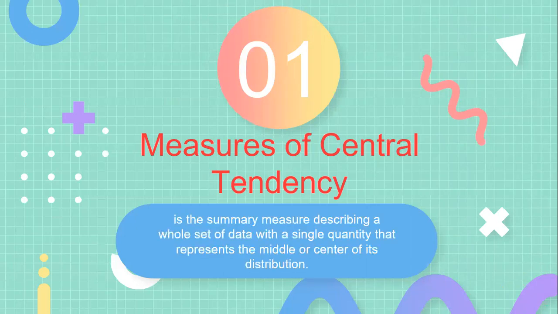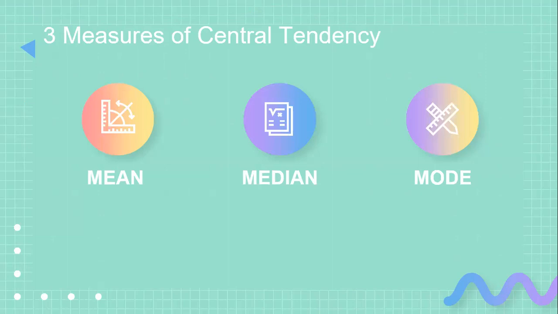It is defined as a summary measure describing a whole set of data with a single quantity that represents the middle or center of its distribution, or it is the statistical measure that identifies a single value as representative of an entire distribution. We have here the three measures of central tendency. The first one is the mean, the second one is the median, and the third one is the mode.